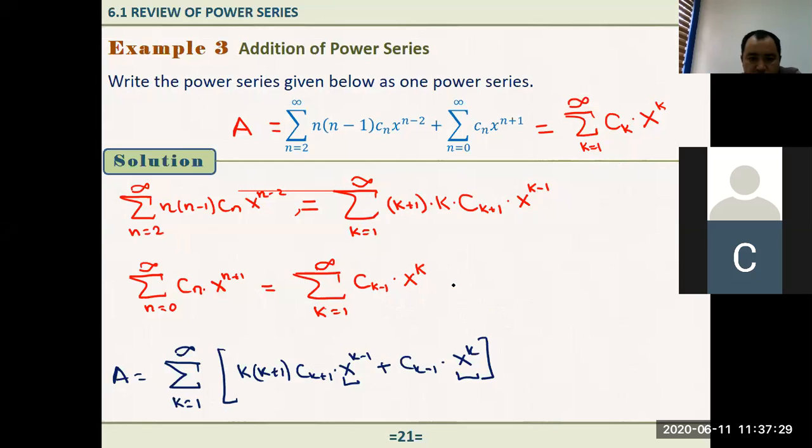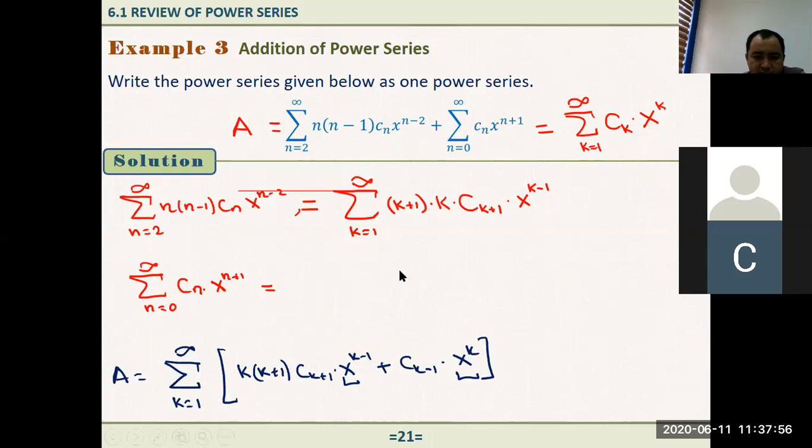All right, to do this one, I want to write this x to the power k outside. So here we have x to the power k minus 1, x to the power k. What can I do here? It's starting with 1, and this one is starting with 0. So let me just rewrite this one.